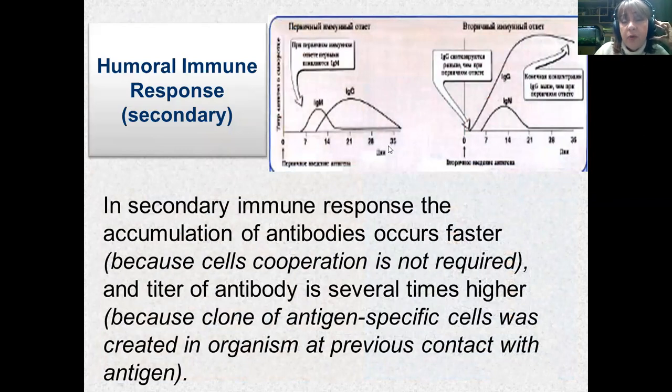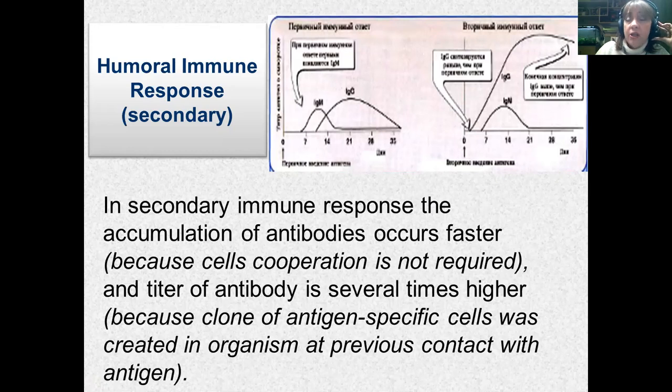So in the secondary immune response, the synthesis of antibodies is faster because there is no cell cooperation, and the titer of antibodies is much higher than in the primary immune response, because there is a selection of specific lymphocytes. Due to somatic mutations, we have very different T and B cells in our body with receptors which can react with all known antigens and some unknown antigens.